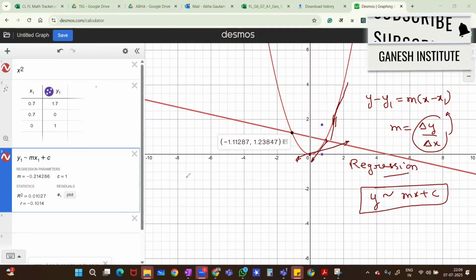Chord will be either on the graph or above. Is it fine? Yes, it can be below. You need to try it, using Desmos, you need to do it. Okay, ma'am.